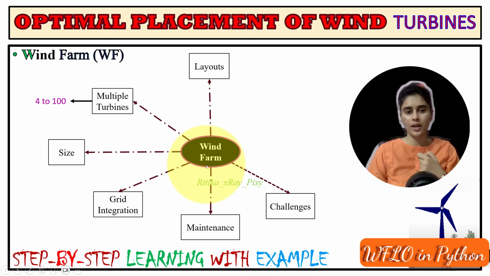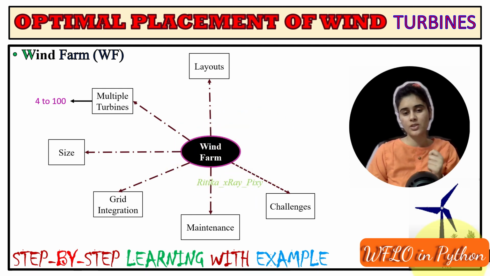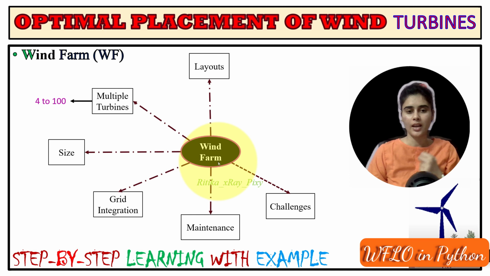Next we have the wind farm, also known as a wind power plant. Wind farms are situated in areas having continuous and strong wind patterns to generate more electricity, and we can locate multiple wind turbines in a wind farm, ranging from 4 to 100. It depends on the wind farm size and its capacity.